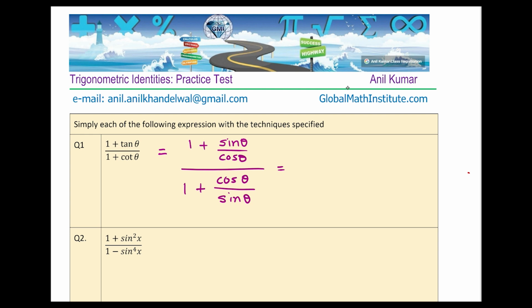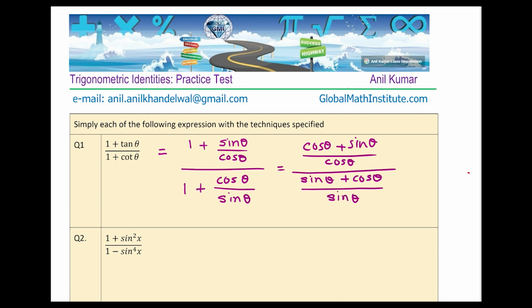Now, cos theta can be taken common. So we get cos theta plus sine theta over cos theta equals sine theta plus cos theta over sine theta.